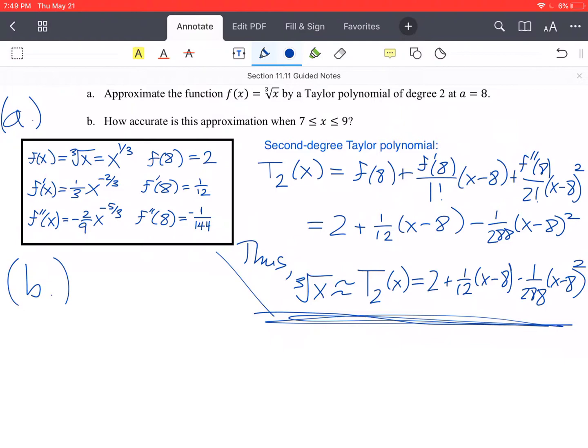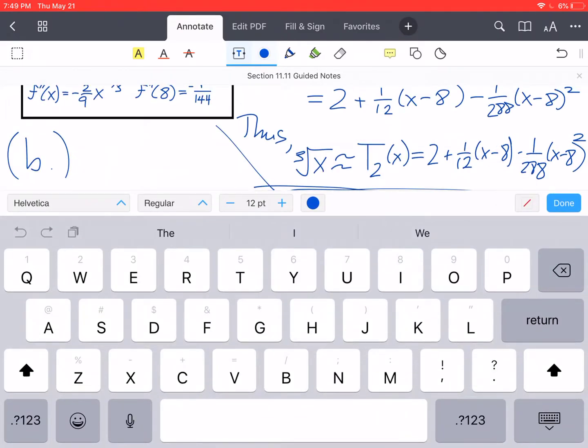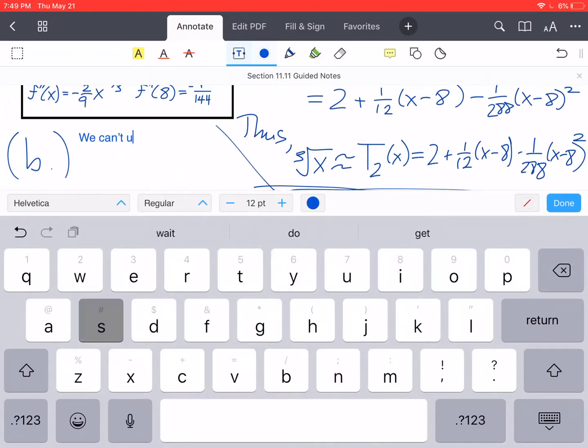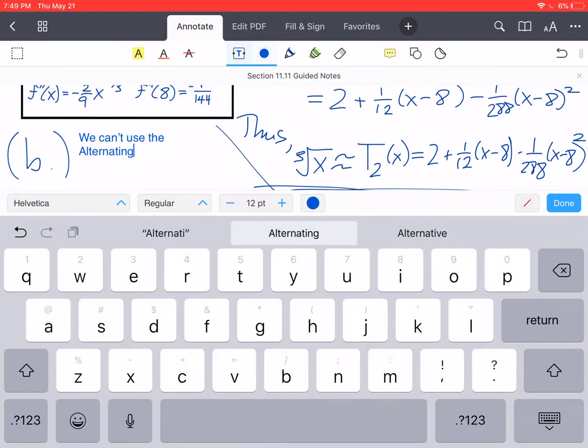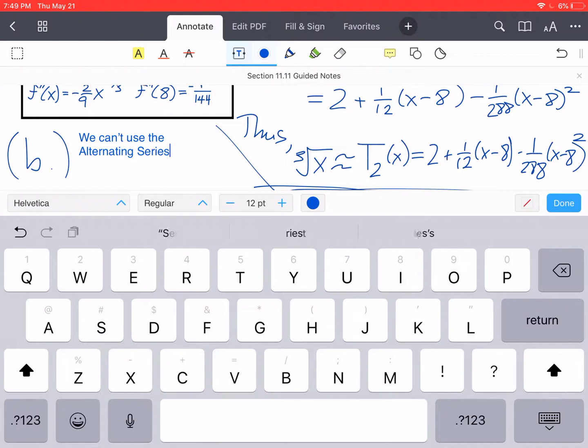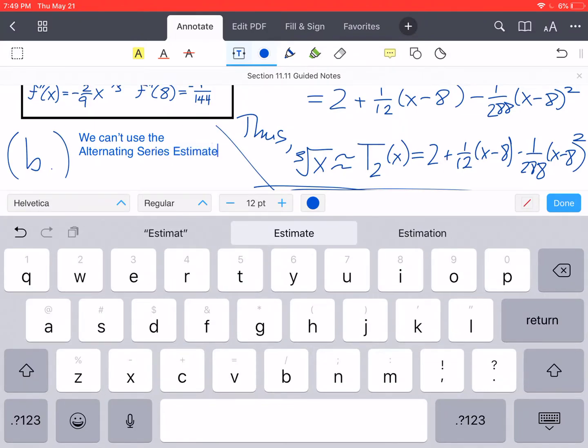Well, to determine what test we need to use, unfortunately this isn't alternating. It does have some positives, some negatives, but they're not going back and forth. We went positive, positive, negative, so that's not alternating. So unfortunately, we can't use the alternating series estimation theorem.